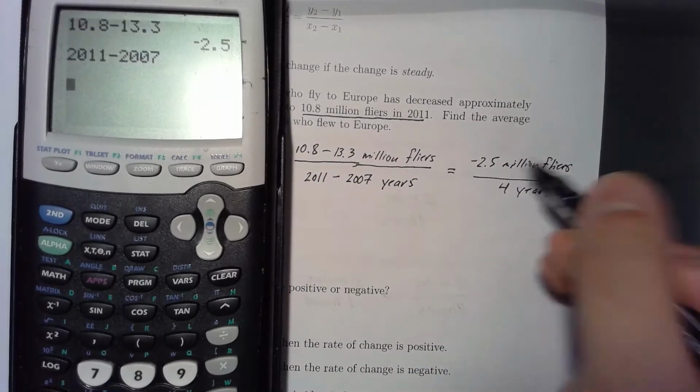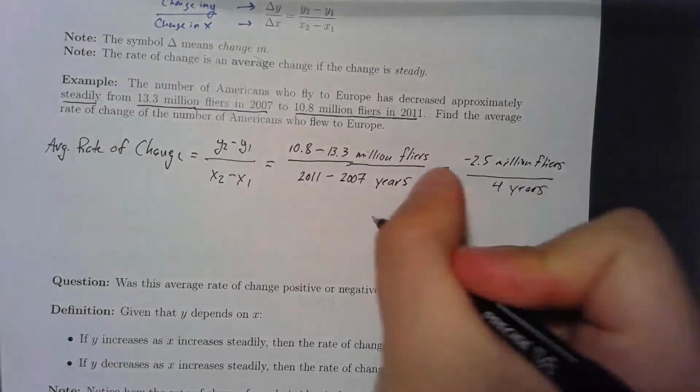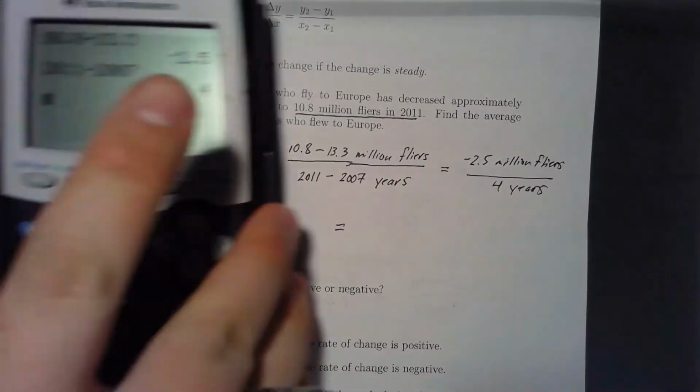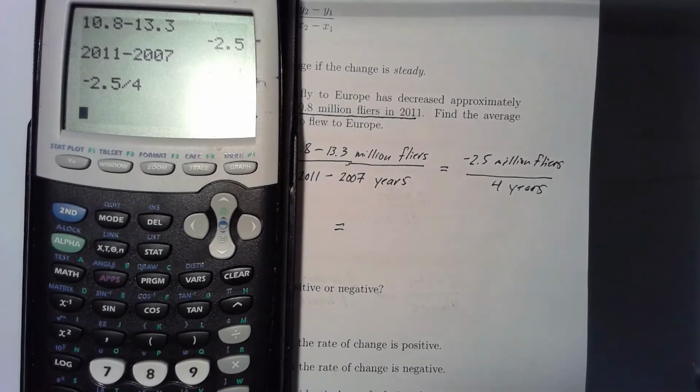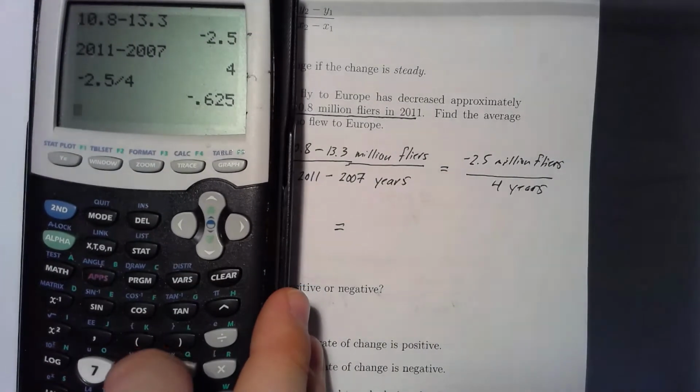But if I want to reduce this, I can. So negative 2.5 divided by 4 gives me negative 0.625. There it is in my calculator.